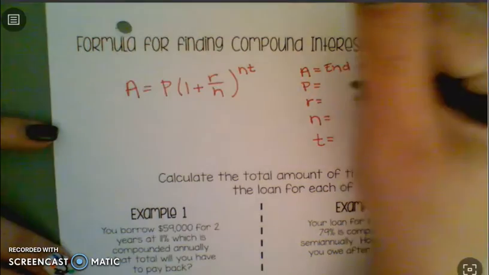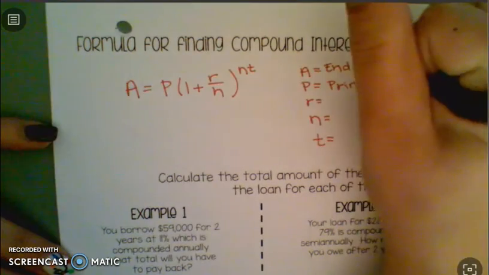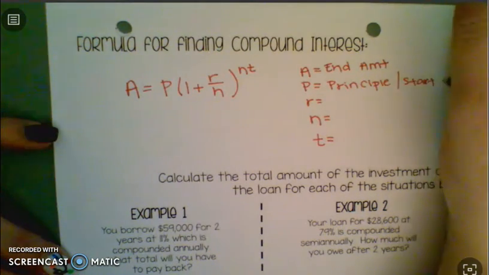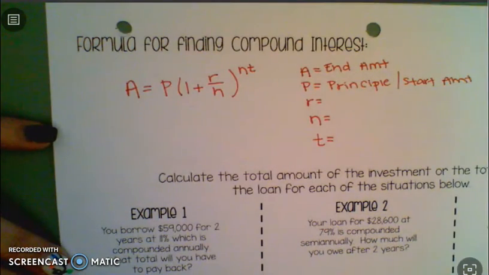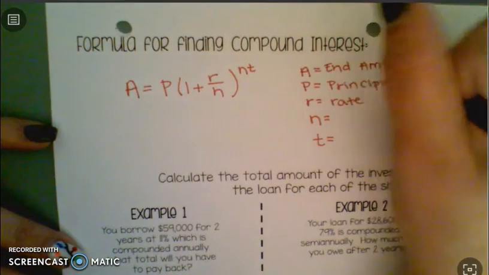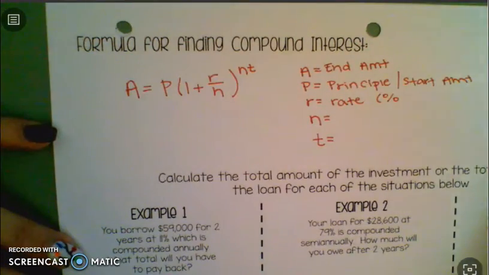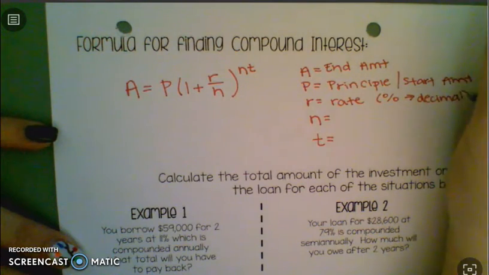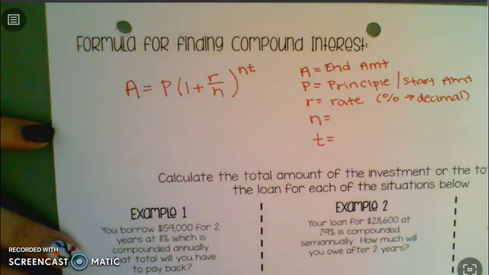P is your principal. Basically, that's your start amount. R is your rate. And remember, they give it to you as a percentage, but you need to change that to a decimal every time.